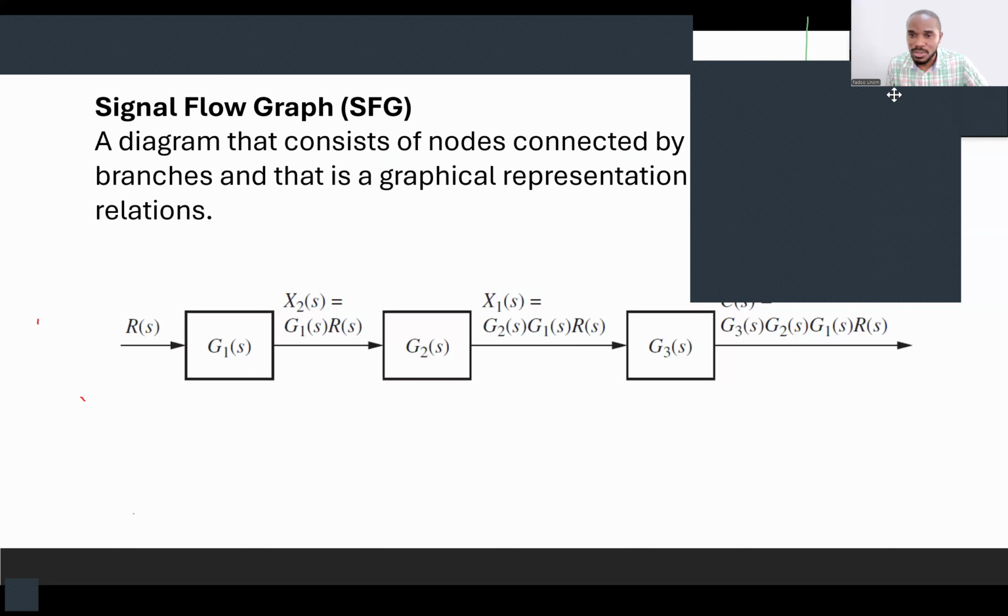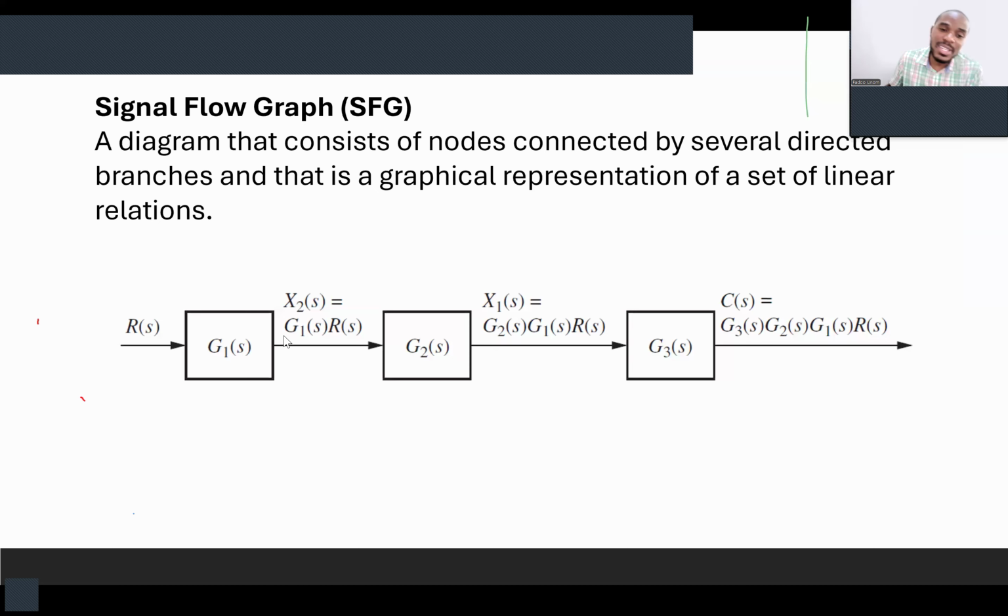Great. So let's continue with our class. You will see that the output from a given block in your signal flow graph is a product of the input and the action, the transfer function of that particular unit.